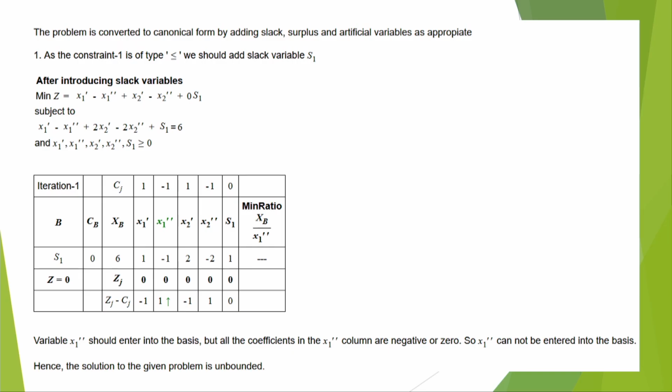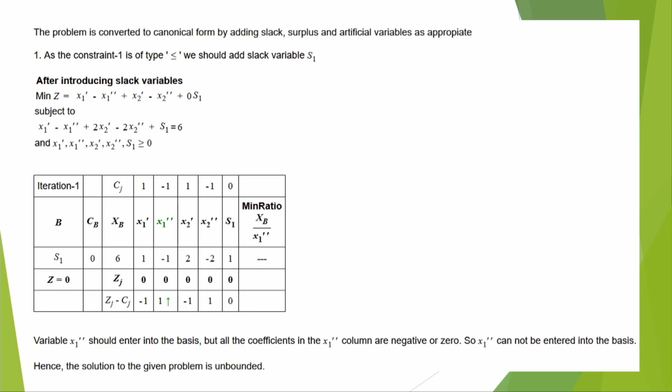So, you see that this is the reduced cost and this is the coefficient. Here you can see variable x1 dash should enter the basis, but all the coefficients in the x1 double dash column are negative or 0. So, x1 dash cannot be entered into the basis, hence the solution to the given problem is unbounded.